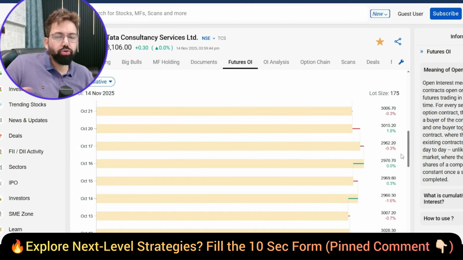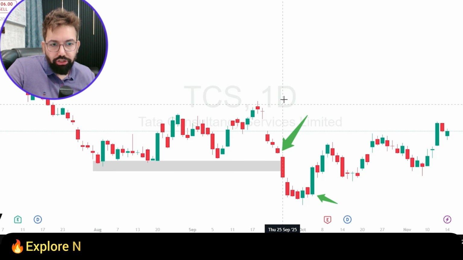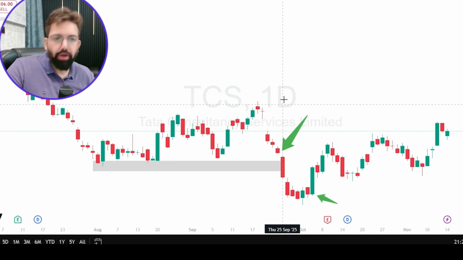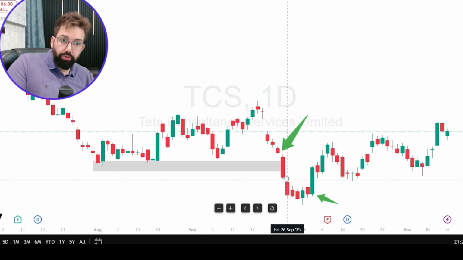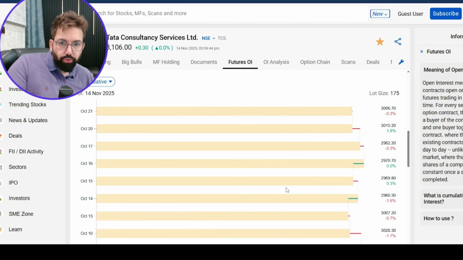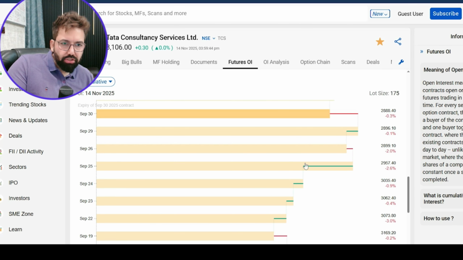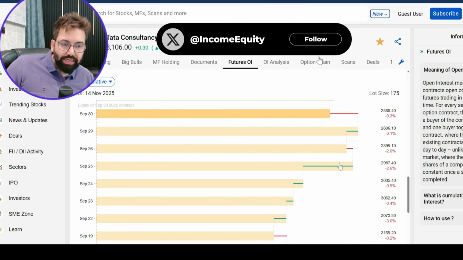Now, like I told you, we have to combine it with the price action to have any kind of conviction. What you see is that on 25th of September, the stock breached the support. Here you see this dot: on 25th of September the stock has gone down, as we have seen in the chart, and there is tremendous open interest addition.